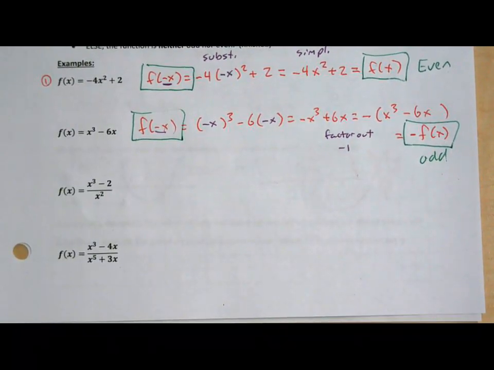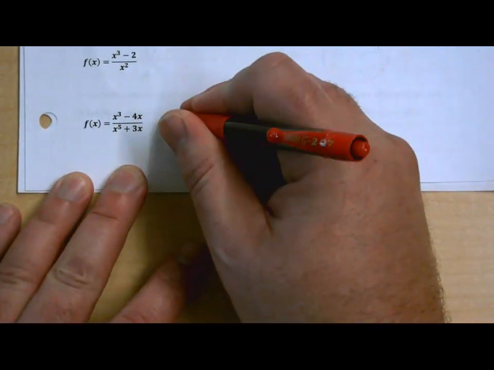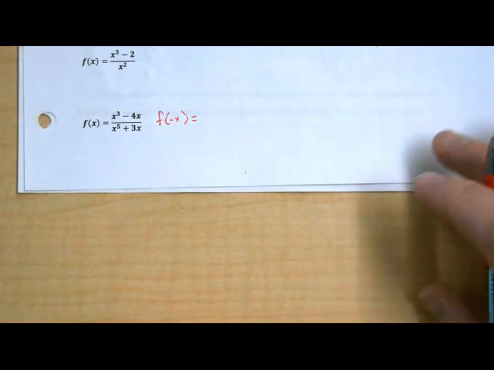We're going to do one more here. Any questions on that one? Let's go down to this last one here. Skipping down to here. All right, let's start out with f of negative x. We'll do our substitution step.